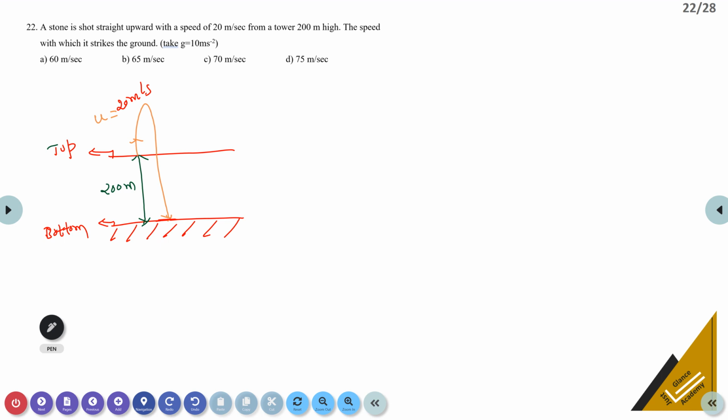What is the displacement? Displacement is always equal to the height of the building, because final position minus initial position gives the displacement. Use the equation v square minus u square equal to 2as.